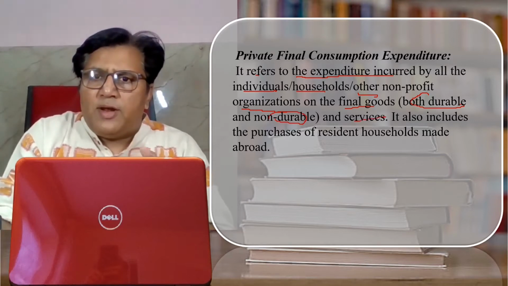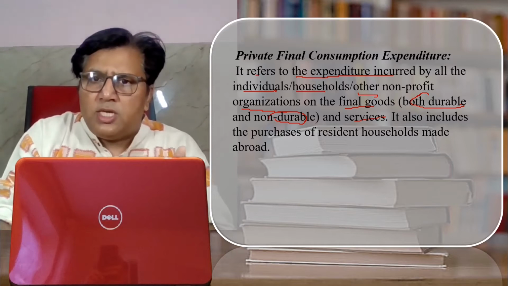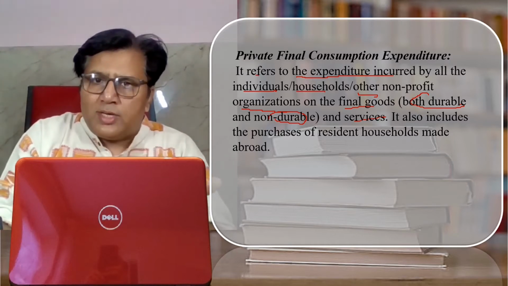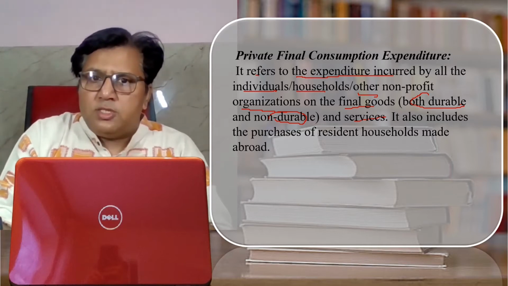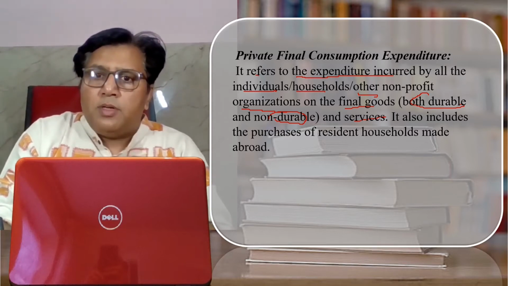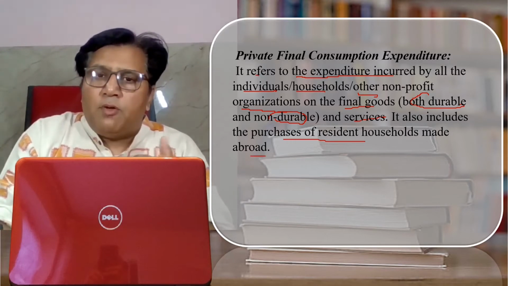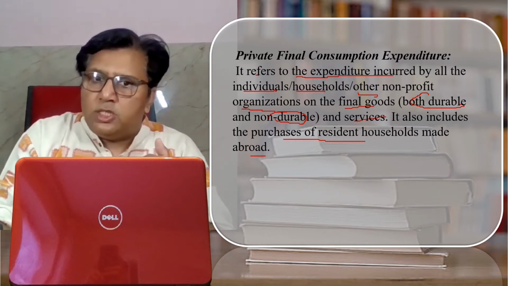So private final consumption expenditure means the expenditure incurred by the individual, by the household, by the not-for-profit organization on final goods and services. Clear? Always remember, the goods purchased by the resident living abroad are also considered at the time of calculating the national income through the expenditure method.